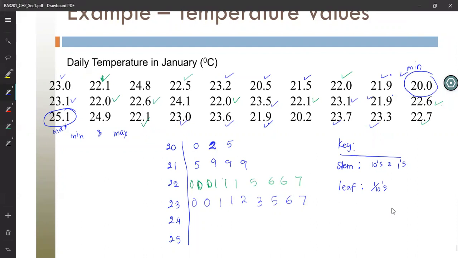Right, next is 24. We have 24.8, 24.1, and 24.9. 24.8, 9, 1.